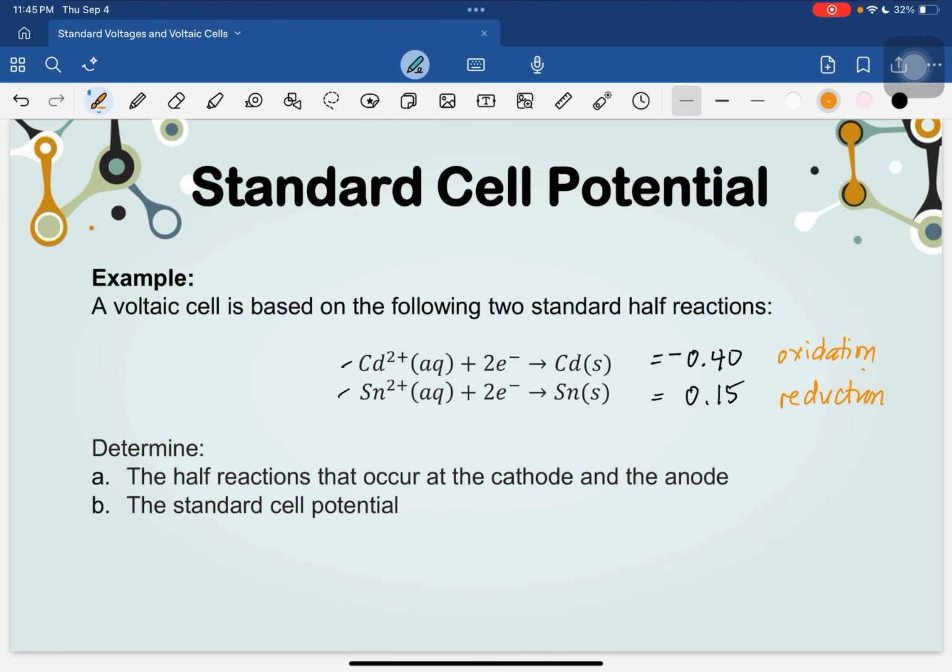So what do we do next? All you have to do now, after identifying the cathode and the anode, is use our formula. So that will be equal to E red minus E oxy.